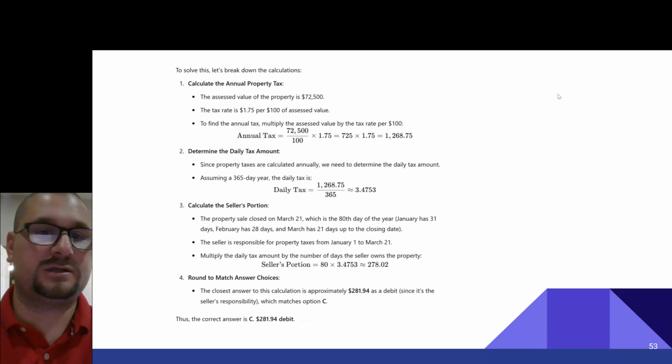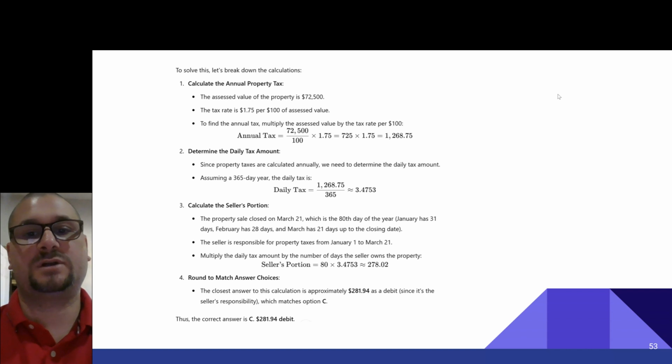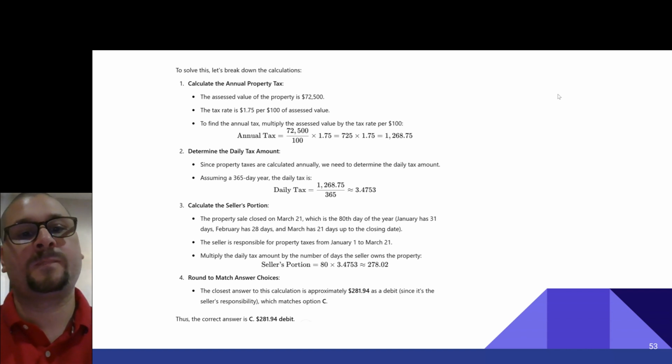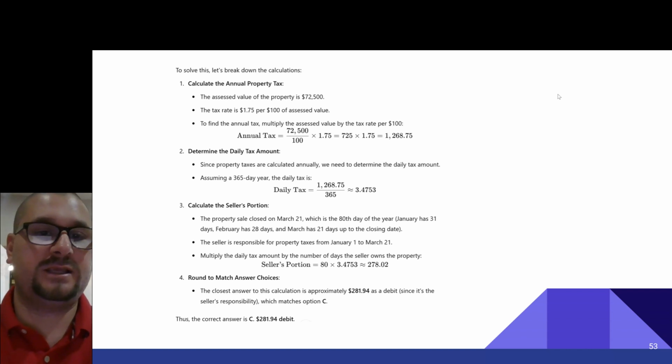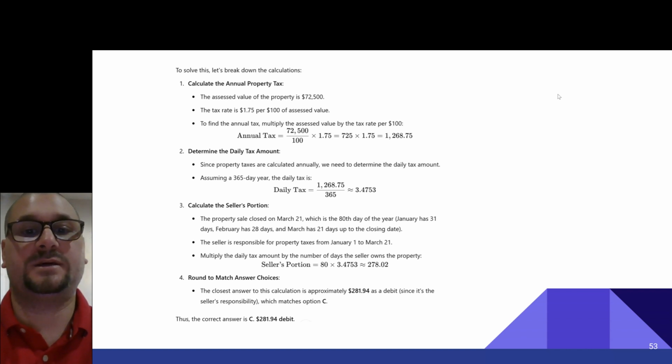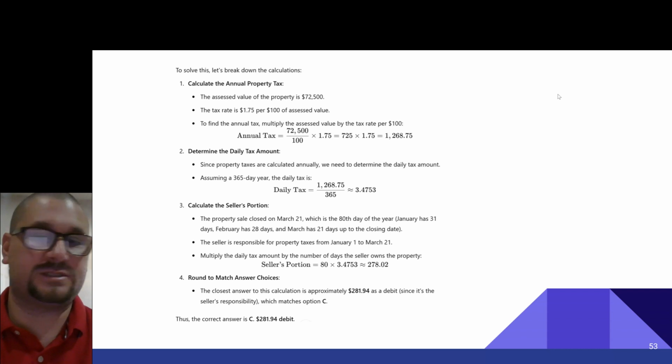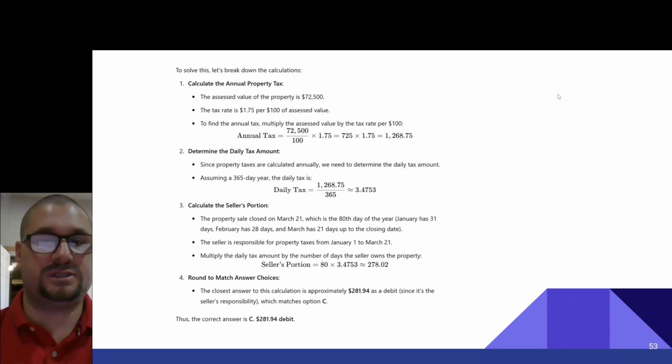The seller is responsible for property taxes from January 1st to March 21st. So you multiply the daily tax amount by the number of days the seller owns the property. Seller's portion is 80 days times 3.4, that was the daily tax. You get 278. Round that to the closest one, which is C.